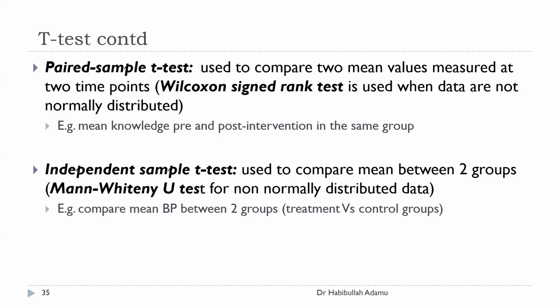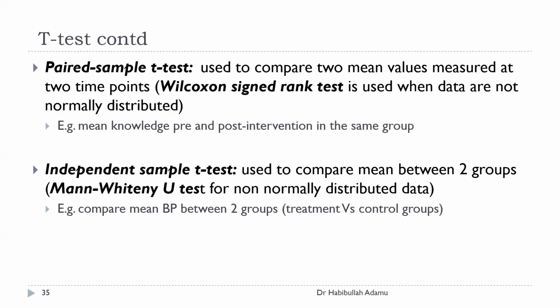Just like we saw when we tried to use mean on data with a skewed distribution, it gave us a misleading result. That is why we say if data is skewed and you want to know the average, don't use mean, use median, because median is less affected by extreme values.